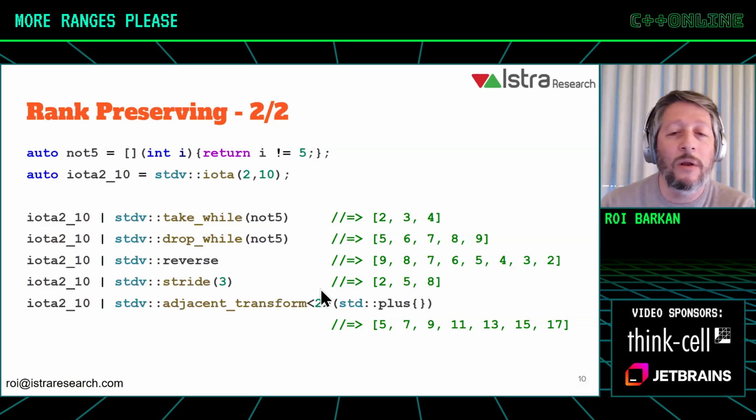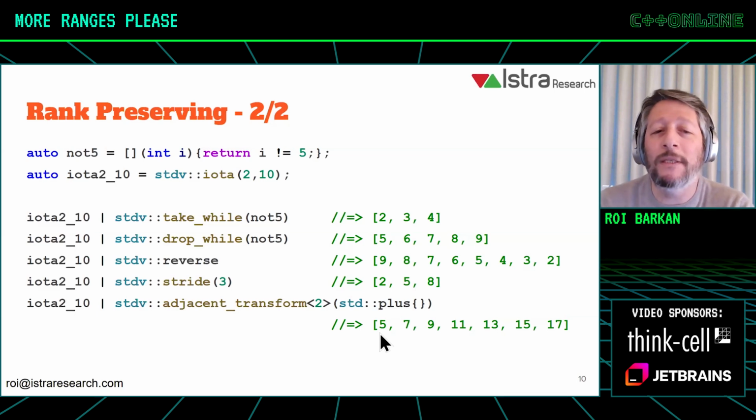And specifically here, because adjacent transform is created with a template argument of 2, the output is the same shape as its input, but with one fewer element, because I needed a pair of adjacent elements in the input to create a single element in the output.